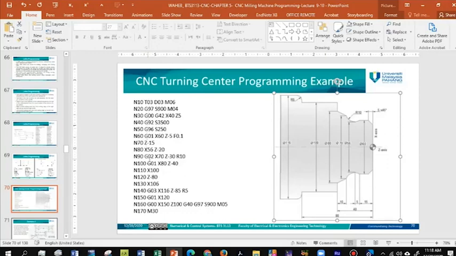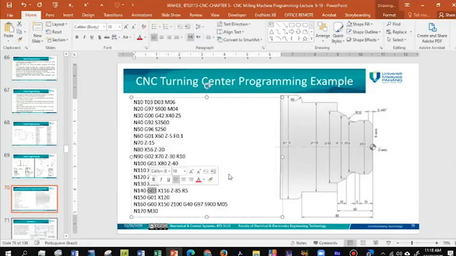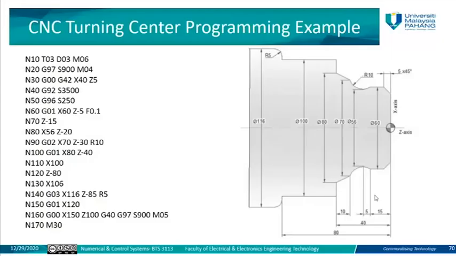But mostly, if we have linear movement, we are going to use G01. If we have circular movement, we are going to use G02 or G03 based on the requirement from the shape or from the drawing itself. These dimensions will help to define the coordinates for this point, that point, and so on along this surface or these drawings.